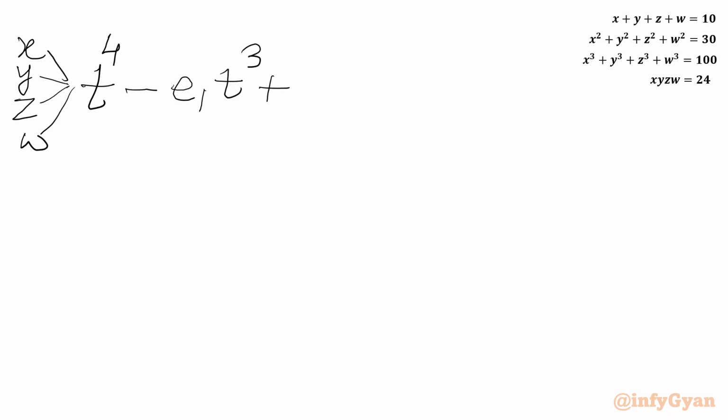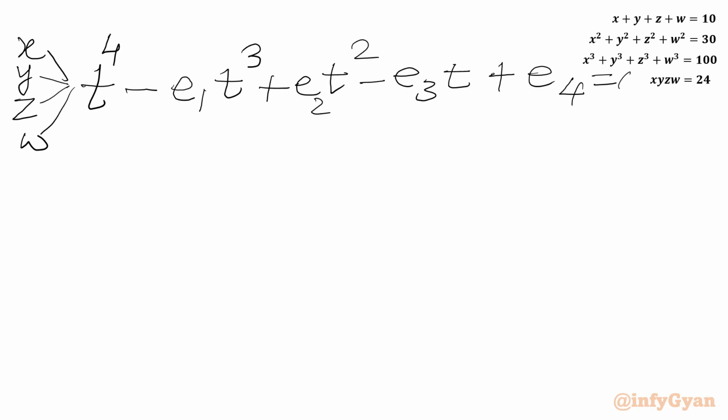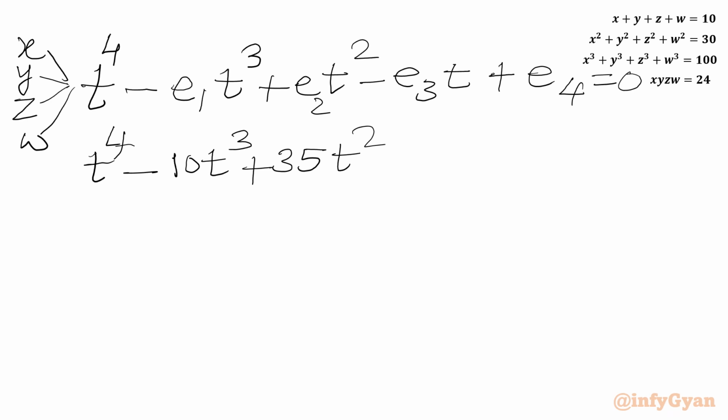Then we'll be writing plus E2 t square minus E3 t plus E4 equal to 0. So this is one quartic equation whose roots are x, y, z, w. Now we have to plug in all the values E1, E2, E3, E4. So I can write here t power 4 minus, E1 was 10, so I will write 10 t cube. E2 was 35. We will write plus 35 t square. E3 was 50. We will write here minus 50 t.